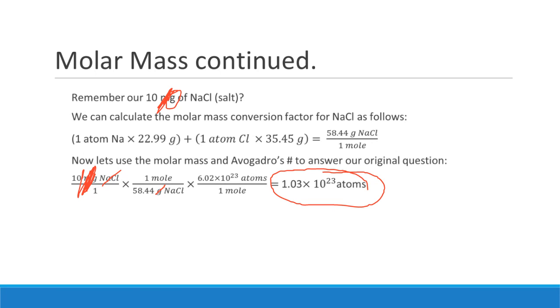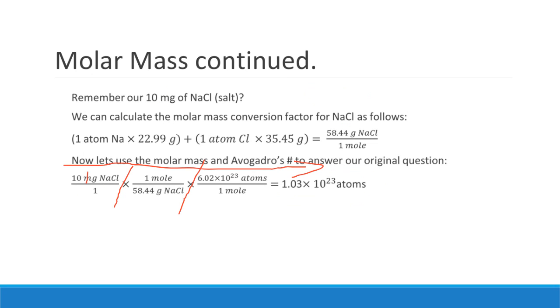So in 10 grams of sodium chloride, you would have this amount of atoms, right? Once again, you can see this is a train track conversion factor, right? As we move forward, you just multiply across and multiply across. And there's the train track.